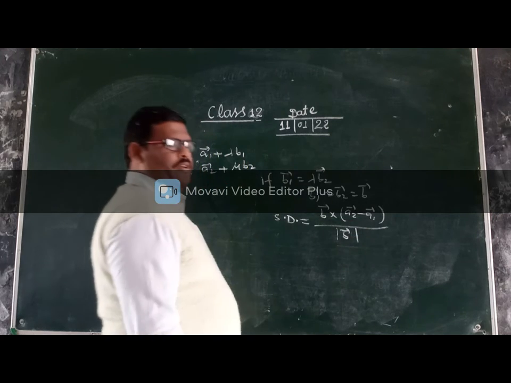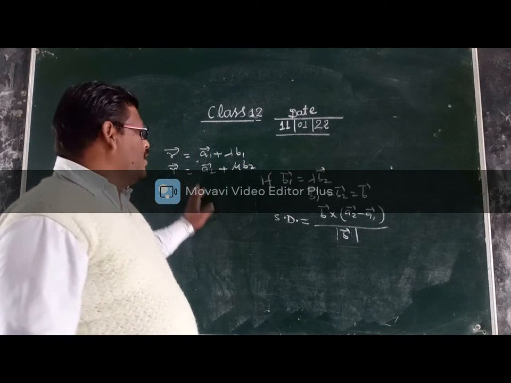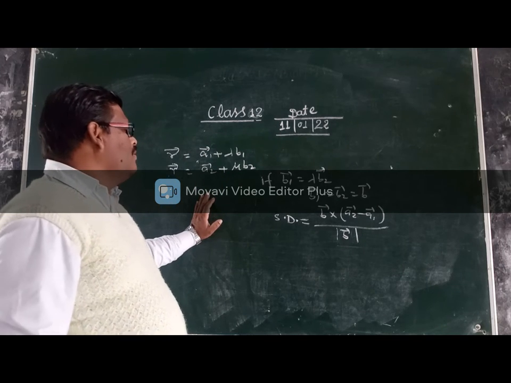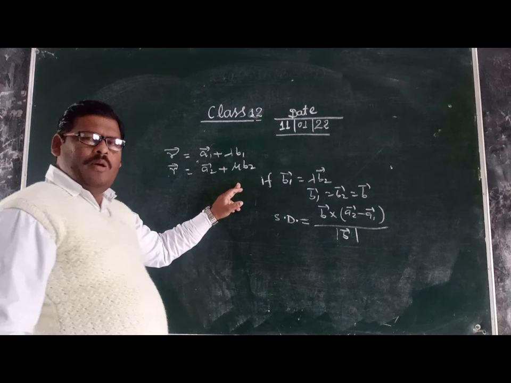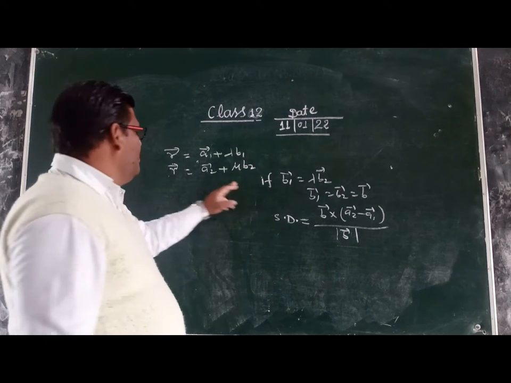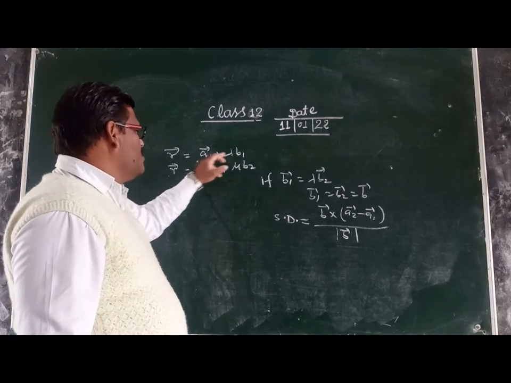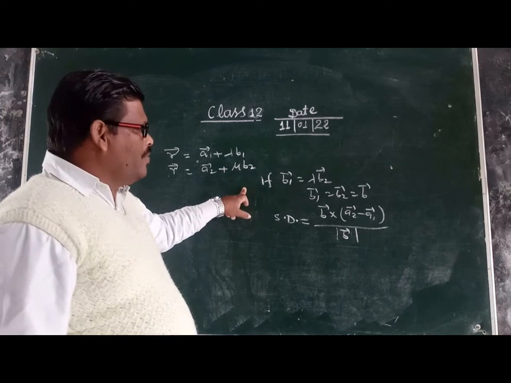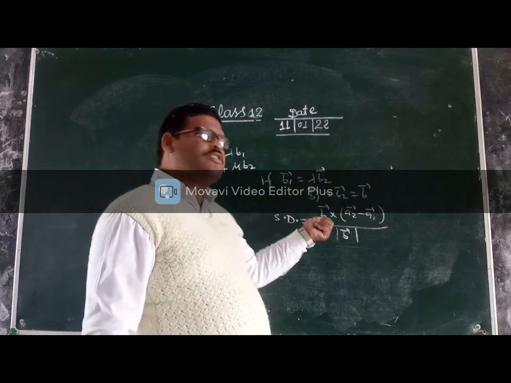When the given lines are parallel to each other, first of all we find vector v by comparing with the equation of the line, vector r is equal to a plus lambda times vector v. v1 and v2 are both equal, therefore you can suppose it is vector v.